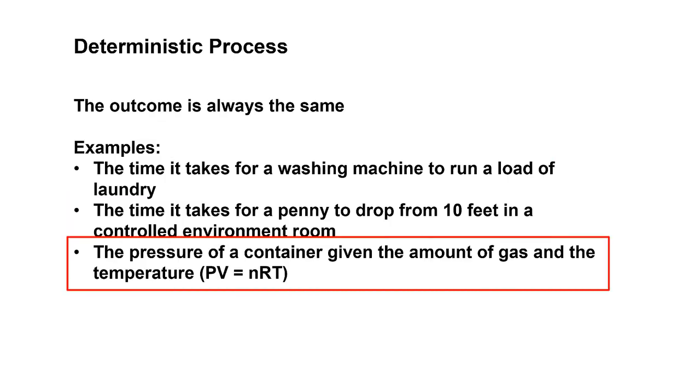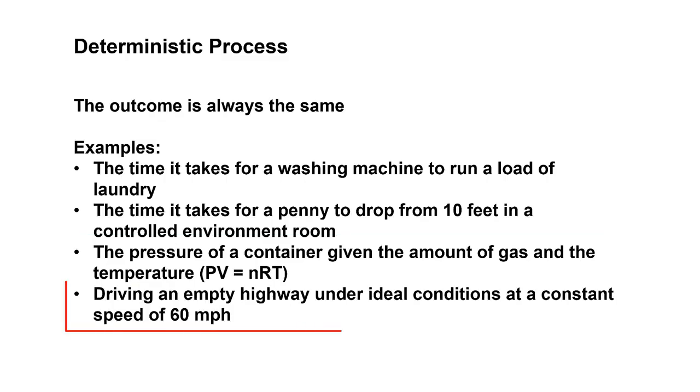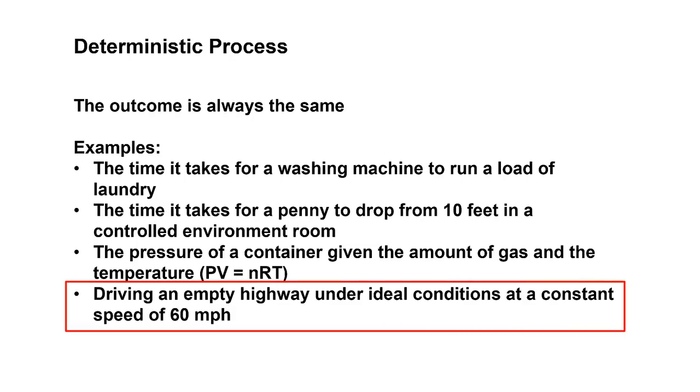The pressure of a container given the amount of gas and the temperature. Again, I'm a chemical engineer, so PV = nRT, some of you might be familiar with that. Physical things in the universe are highly governed by deterministic mathematical models. Driving an empty highway under ideal conditions at a constant speed of 60 miles per hour. That's another thing that would be better modeled as a deterministic process.